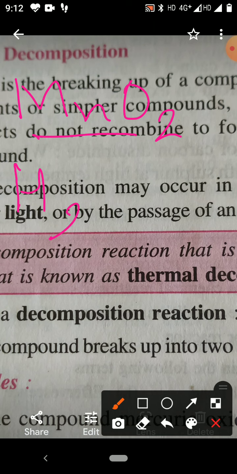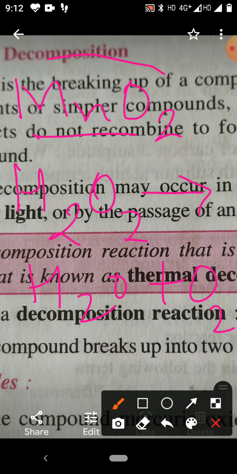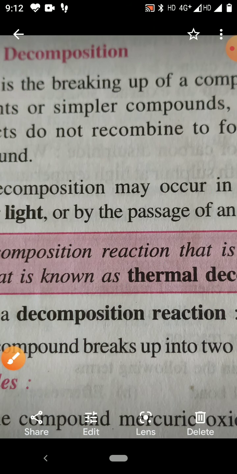Hydrogen peroxide, H2O2, decomposes into H2O and O2 in the presence of manganese dioxide. So due to the presence of manganese dioxide, hydrogen peroxide is going to break into water and oxygen. So this is called catalytic decomposition.